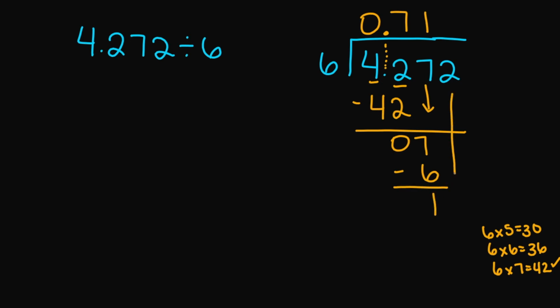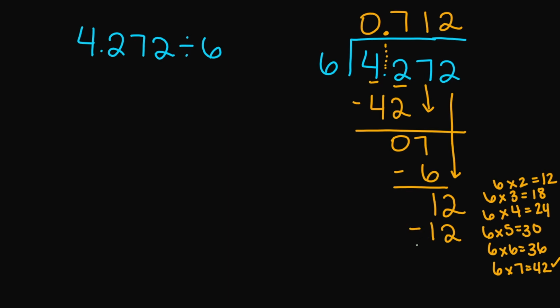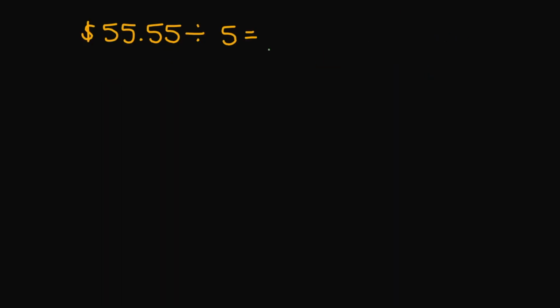Now I'm going to bring down my 2. 6 goes into 12 now how many times? 6 times 2 is 12. So I'm going to write a 2 on top here. 6 times 2 we said was 12. 12 minus 12 is going to equal 0. So your quotient, your final answer is 0.712.